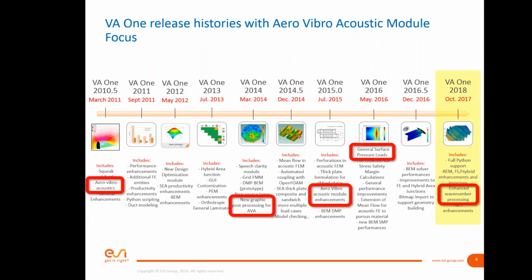For a little less than 10 years now, there have been aeroacoustic functionalities in VA One, meaning a set of functionalities that allow defining a load coming from aerodynamic phenomena, in order to compute in fine the contribution of the aerodynamic noise to the cabin sound pressure level, for example for a car.